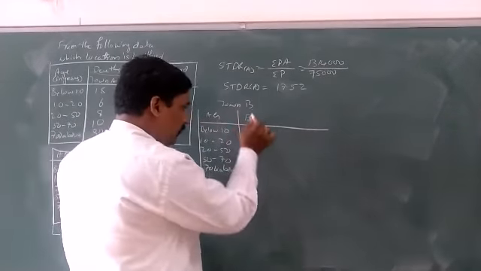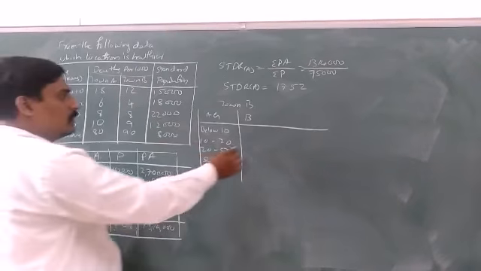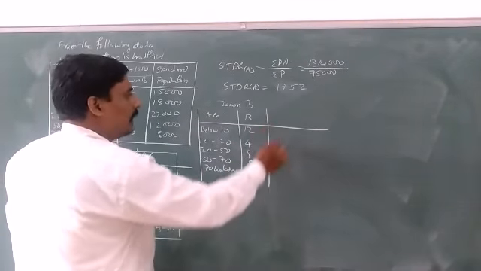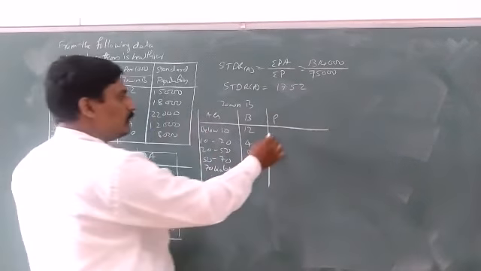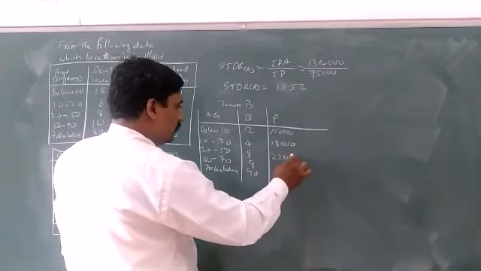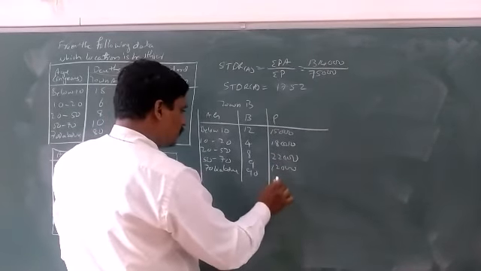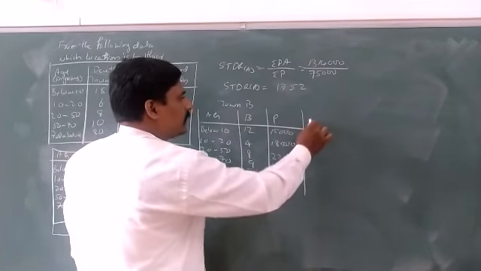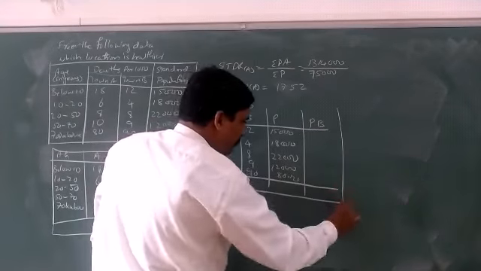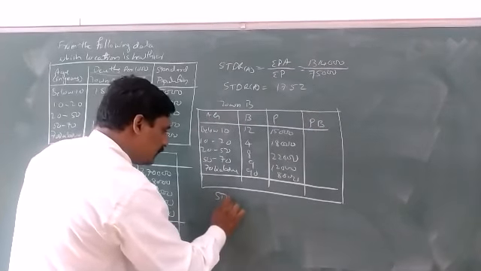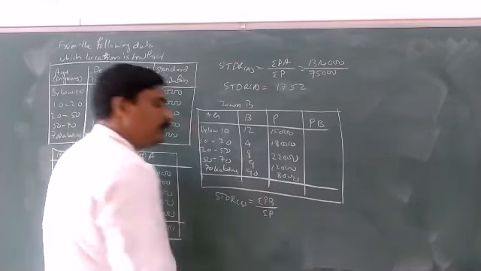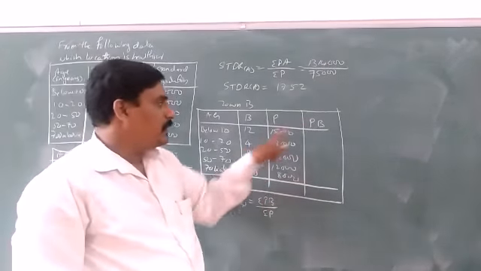Next, B, that is the ASDRs of town B: 12, 4, 8, 9 and 90, and P, the standard population given here: 15,000, 18,000, 22,000, 12,000 and 8,000. So STDR of location B is equal to summation PB divided by summation P. That means we have to calculate the P into B column.